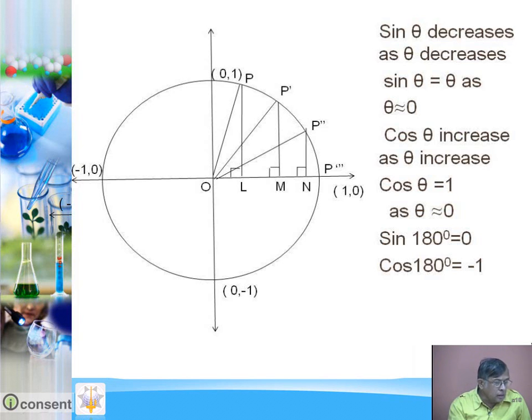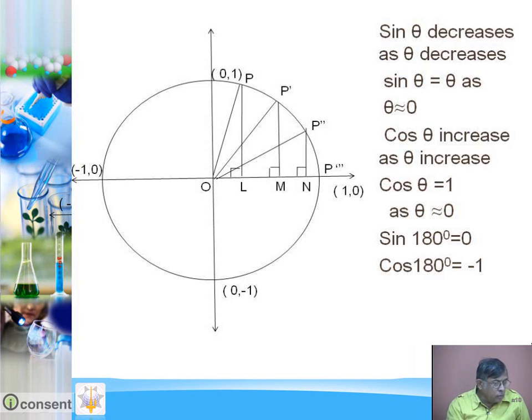So when theta becomes very, very small, sin theta equals theta as theta tends to 0 but is not equal to 0. Similarly, cos theta is equal to 1 as theta tends to 0, but not equal to 0, only very, very near to 0.